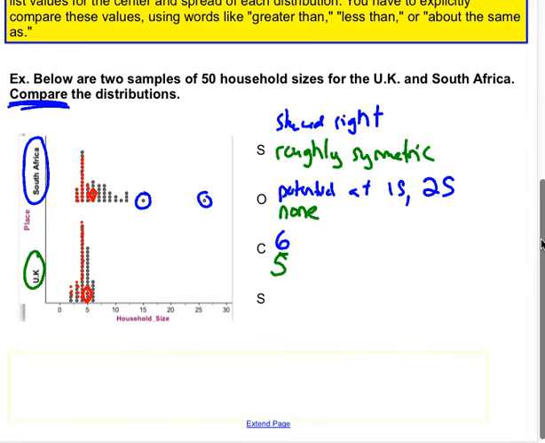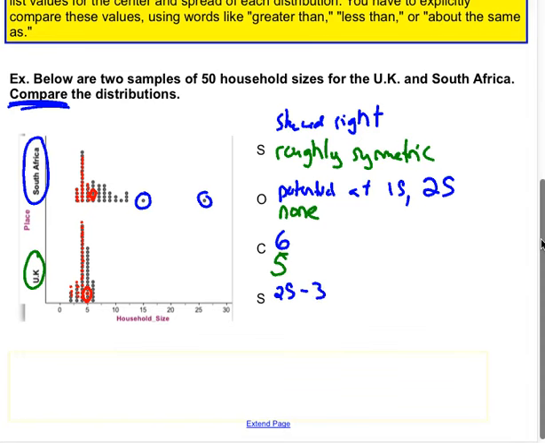For spread, for South Africa, we're talking about 25 or 26 down to, that looks like 5, 4, 3.